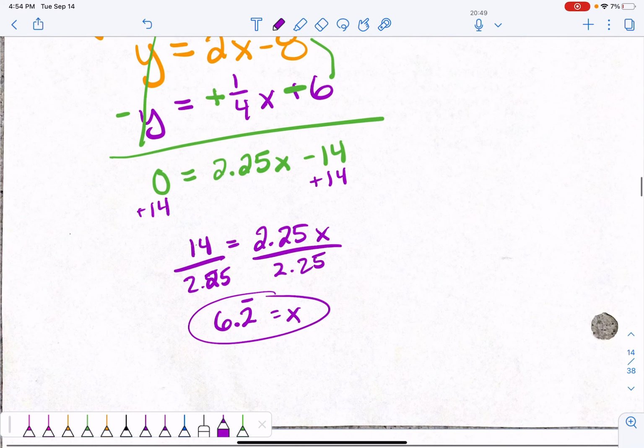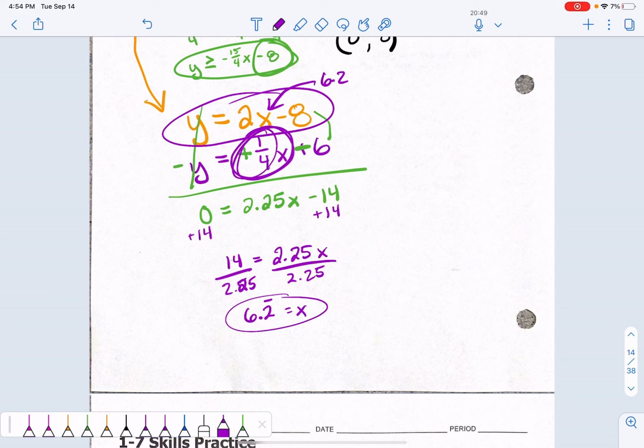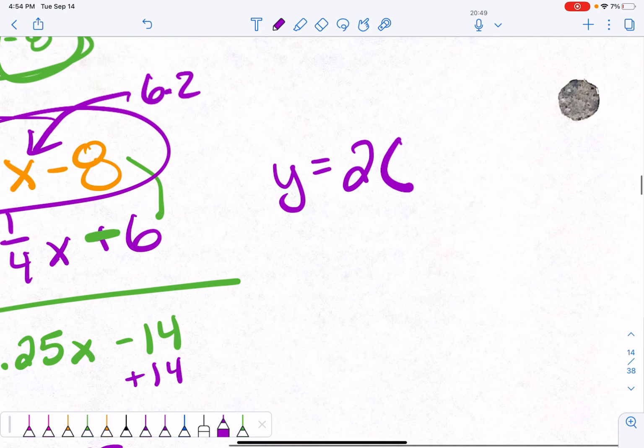But then we have to find y. So we want to plug 6.2 in for x, and I want to plug it into this top equation just because I don't like fractions. This would give me a fraction. I don't want to do that. So y equals 2 times 6.2 repeating. If you don't have it saved already in your calculator, let's just plug in 6.2222.